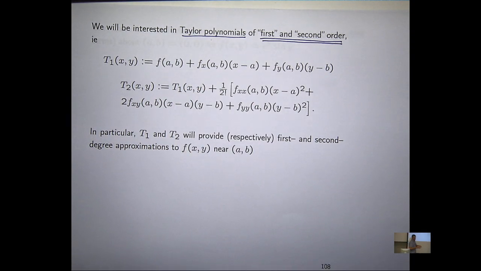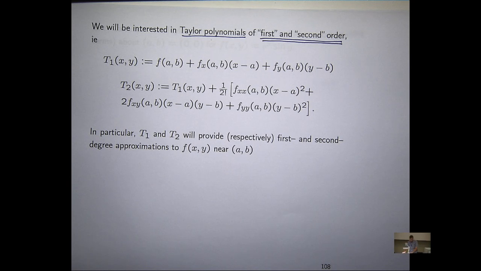Now, you may go, hang on, Chris, these are polynomials, don't you talk about the degree of a polynomial? Well, technically, yes, you should. But because derivatives are involved, I like to talk about the order of these Taylor polynomials.